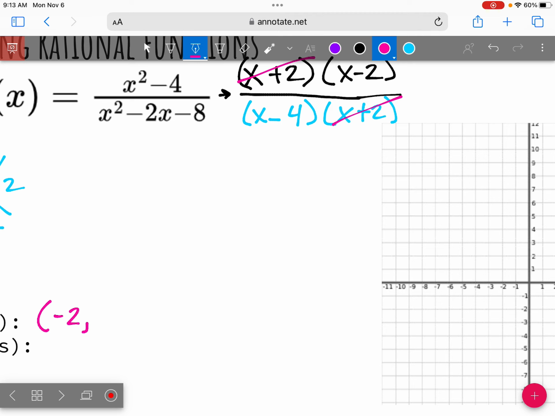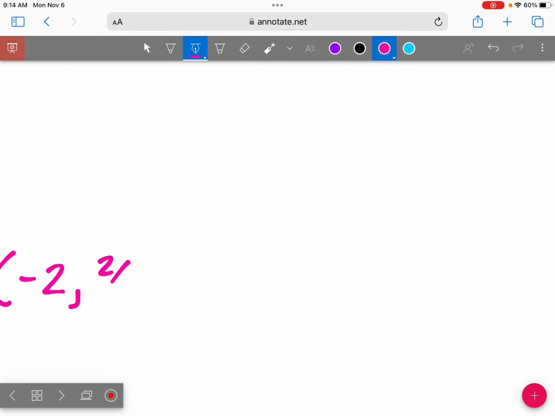So we're going to take our -2 and we'll substitute into our leftover bits. So -2 minus 2 over -2 minus 4. So negative 4 over negative 6, positive 2/3. So we can write that as a point there.